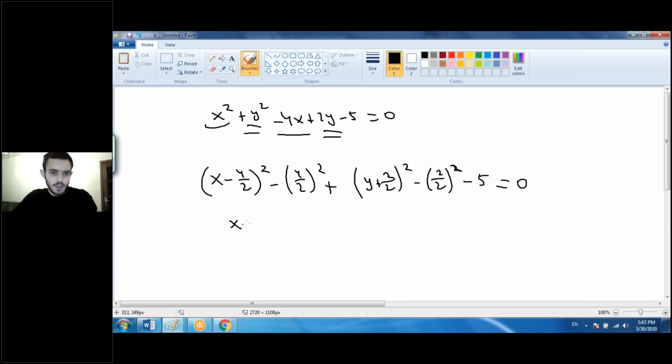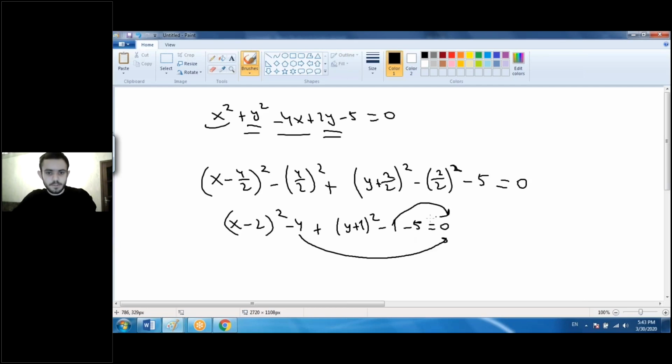Now let's simplify it. x minus 2 squared minus 4 plus y plus 1 squared minus 1 minus 5, which we initially had, equals 0. Now let's move all the numbers here. So now we will have x minus 2 squared plus y plus 1 squared equals 10.